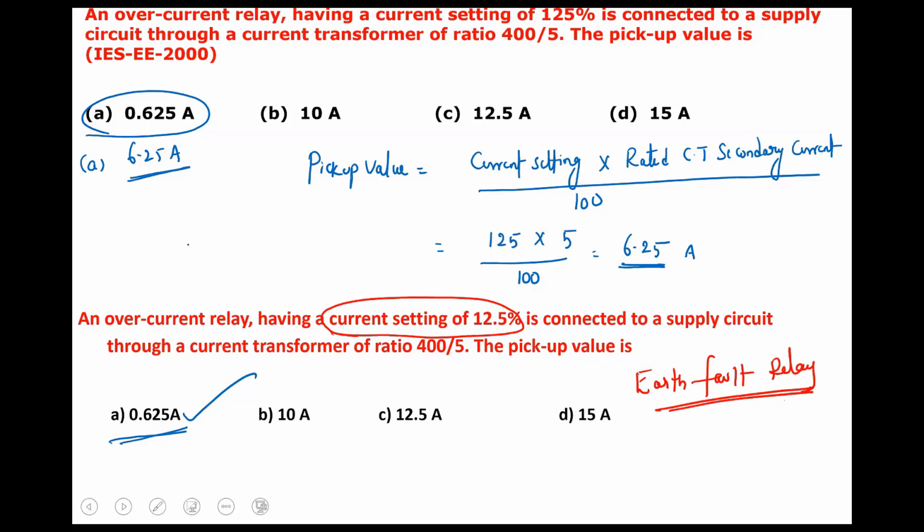And where it is more than 100%, it is an overcurrent relay. So this relay offers overcurrent protection and this relay offers earth fault protection. That's why I have taken these two examples.